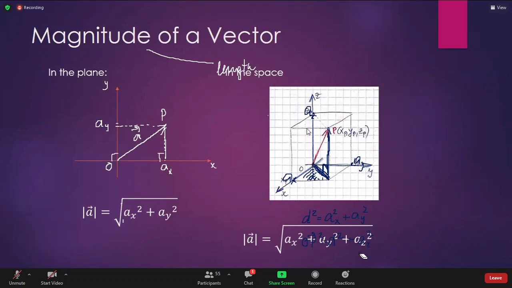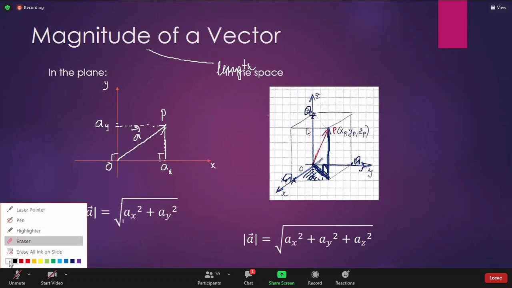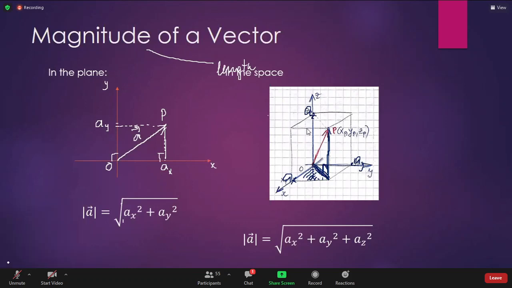We could say that this is the generalized Pythagorean theorem for 3 dimensions. The situation is exactly the same, only it's not the hypotenuse of a single triangle. In this case, it is the diagonal of the box, the diagonal of the right parallelepiped, of the cuboid. But basically, the rule is exactly the same.